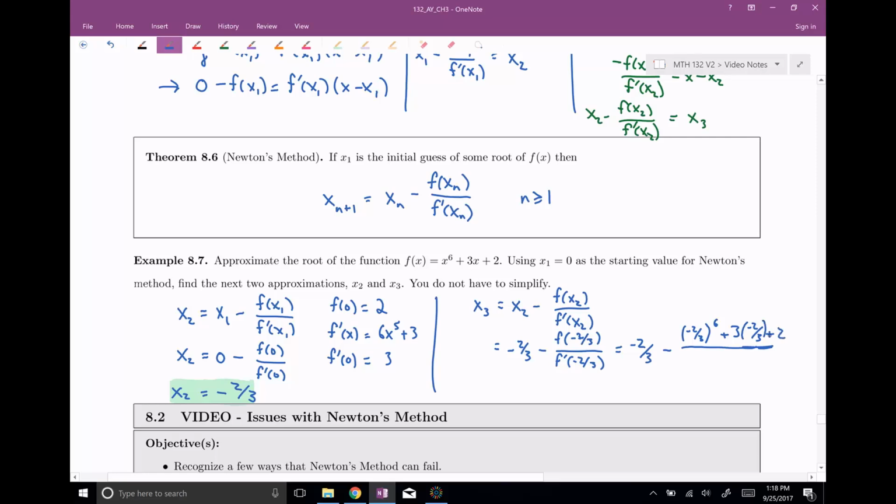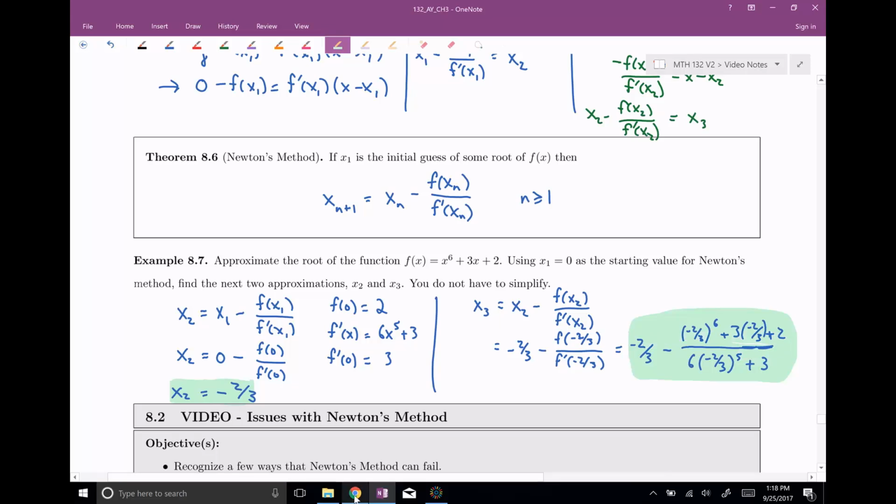So actually there is a little bit of nice simplification that we could do if we wanted to, but we don't have to. All right, so that is my f of negative 2/3. How about f prime of negative 2/3? Well, here's my f prime of x. Let's go ahead and plug in negative 2/3 everywhere we see an x. So we have 6 times negative 2/3 raised to the 5th power plus 3. And that right there is my third guess.